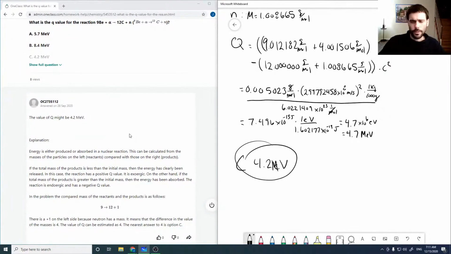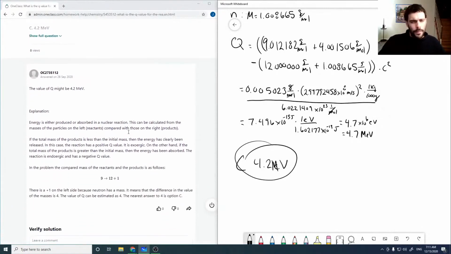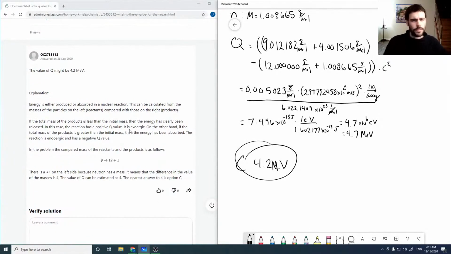All right, so let's look through the solution here. If the total mass of the products is less than the initial, then energy has been released. In this case, it has a positive Q value. So comparing the masses on both sides, that's wrong because they've dropped that the alpha particle has a mass.